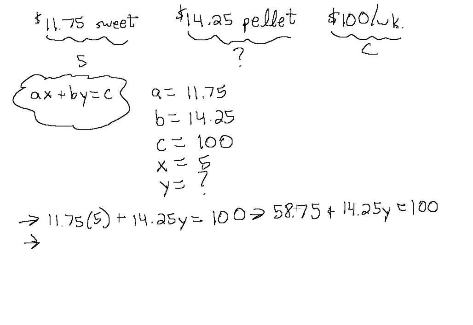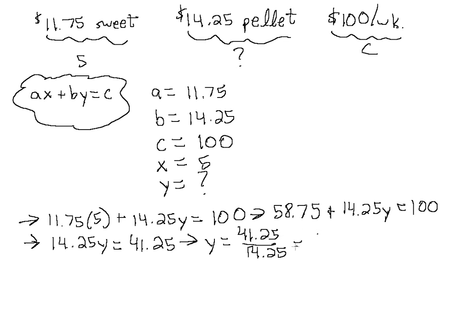Let's move everything else to the right side except our variable. Let's subtract 58.75 from both sides, so that'll give us 14.25 Y on the left side. And on the right side, we have 41.25. We can divide both sides by 14.25, which will cancel this term and just give us Y. So 41.25 divided by 14.25 gives us 2.8947.